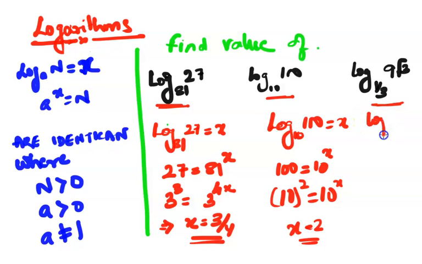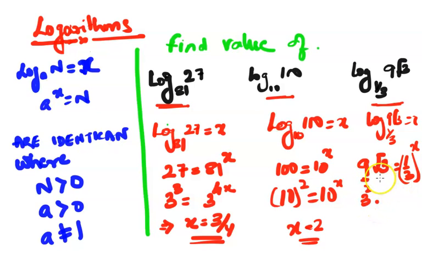Let's take this example. So log 9 root 3 to the base of 1 by 3 equals x. So 9 root 3 equals 1 by 3 raised to power x. This is what? 3 square, and this is 3 raised to power 1 by 2, equals 1 by 3 to the x.